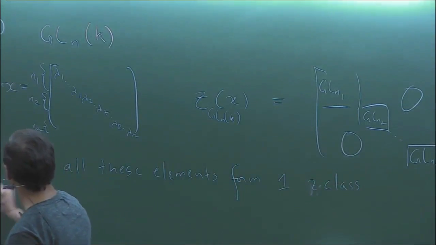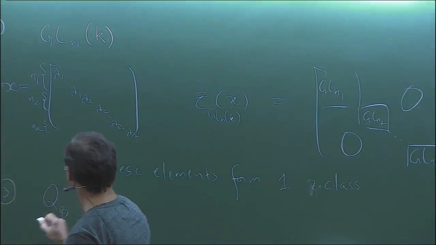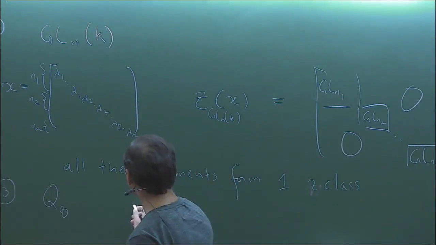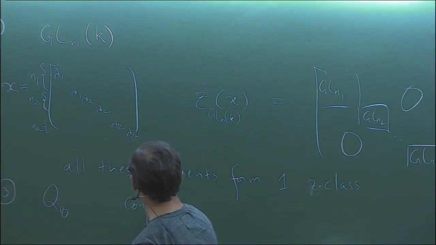Another interesting example to keep in mind: let's look at the group Q8. What are the conjugacy classes here?